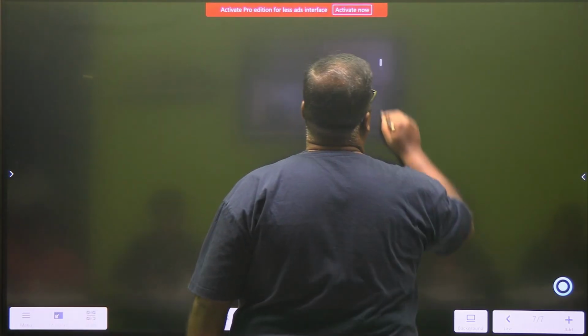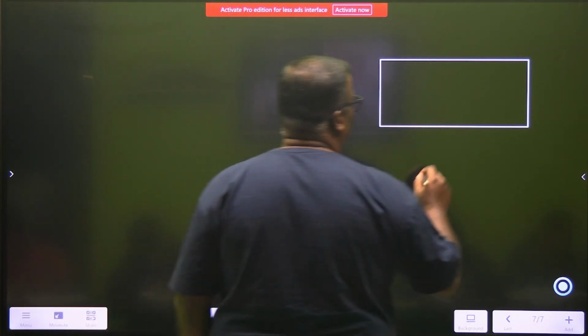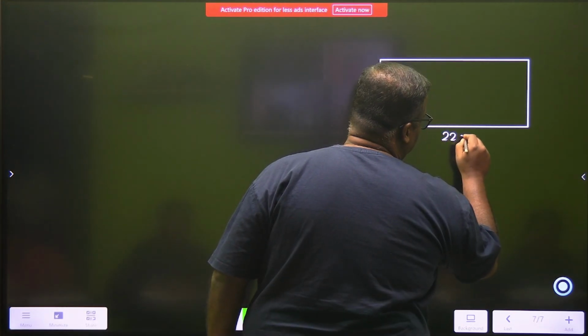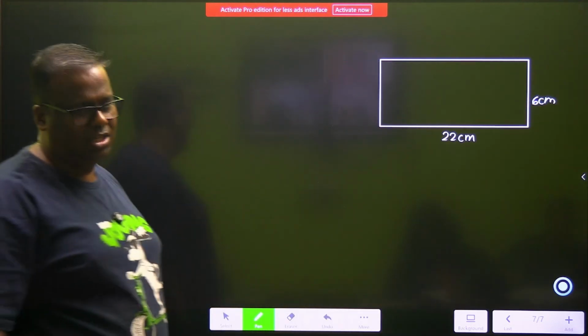So we have a rectangular piece of paper. What's the dimension? 22 centimeters by 6 centimeters, and it is being folded like a cylinder to form a cylinder.